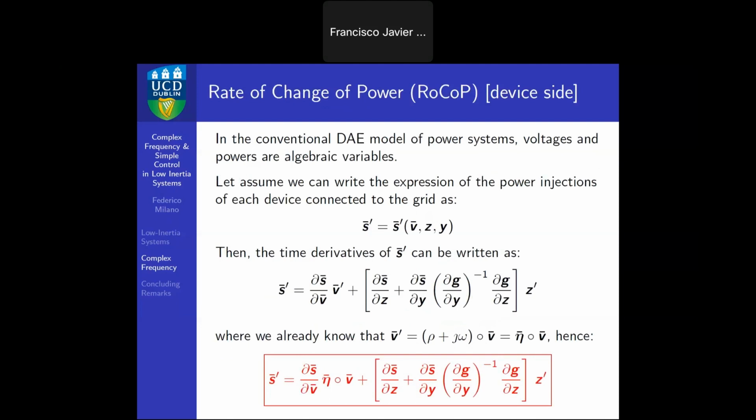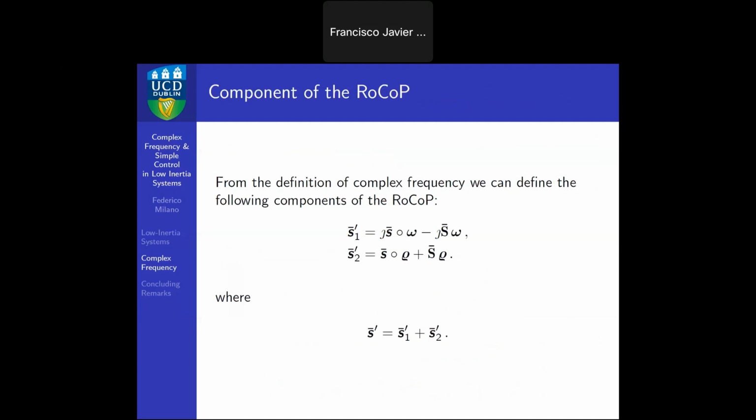But this expression always has this structure. You cannot have any other. This derivative can be just constant, or it can be very complicated functions, but it's always there. Okay? So we have an expression that links every single device's rate of change of complex power with the complex frequency of the voltages everywhere in the network.